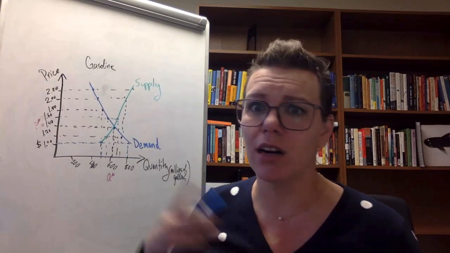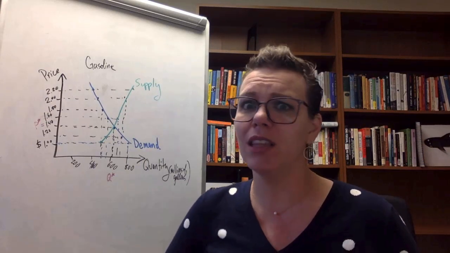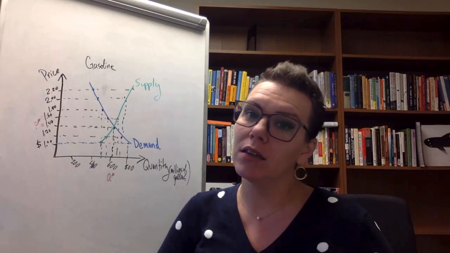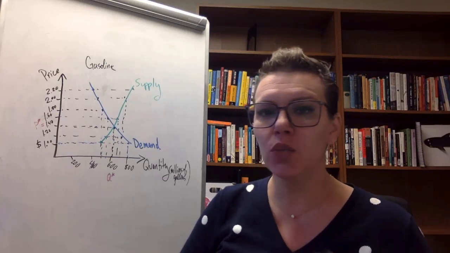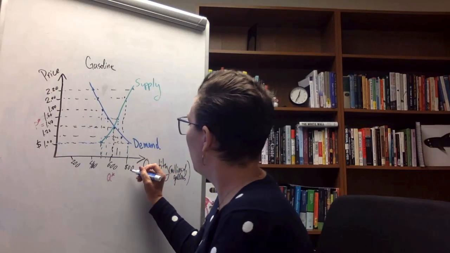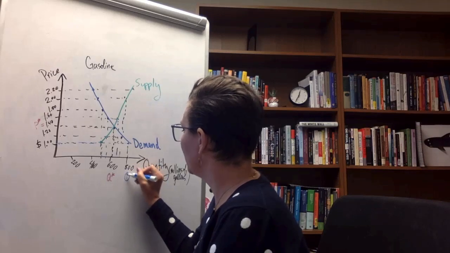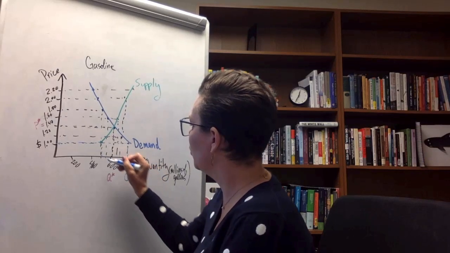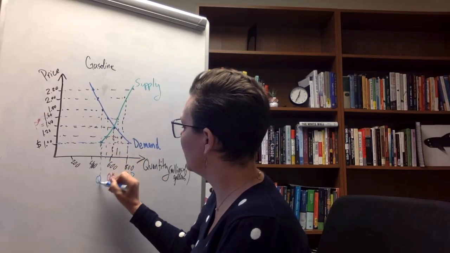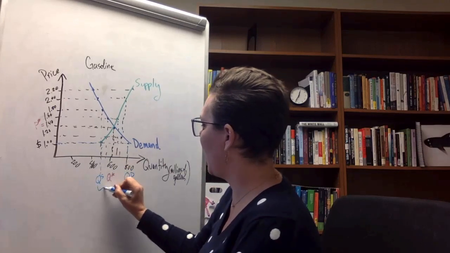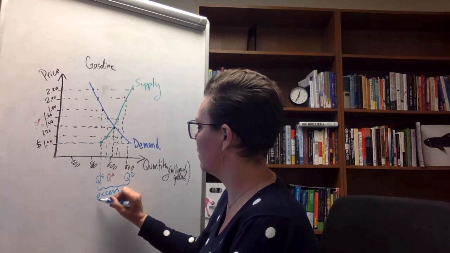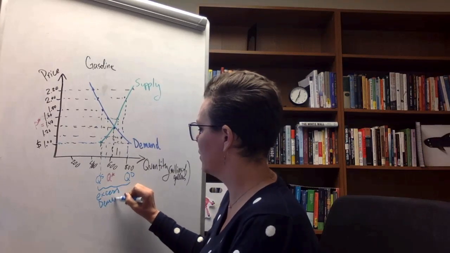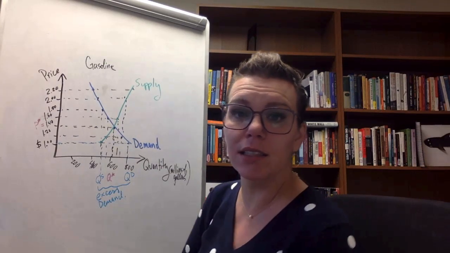If price was $1, I would be cruising around the neighborhood like crazy. But firms wouldn't want to sell as much gasoline. And so what would happen is the quantity demanded, I'm going to call it QD, would be greater than the quantity supplied. We would have excess demand, also known as a shortage.